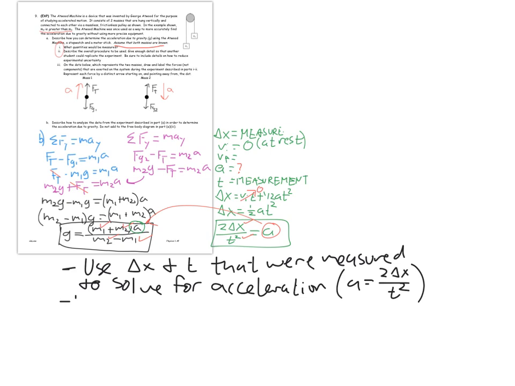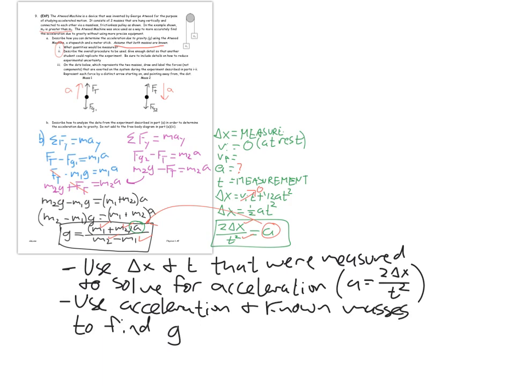Then we use the acceleration and the known masses to find g, the acceleration due to gravity. Once again, you could reference that specific equation that we derived above, and then it's very clear exactly how you're going to get that acceleration due to gravity. Having these two sentences in here is key. It helps to supplement your explanation, and it very clearly says describe how to analyze the data. Just having a derivation, just having formulas is not sufficient.